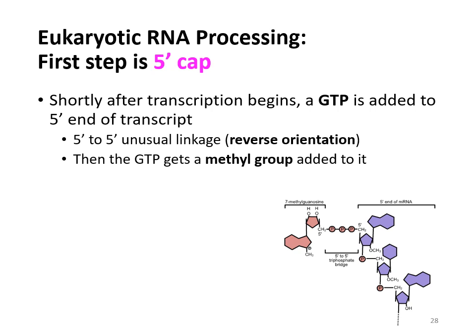This is important for stability. By putting this GTP, which you can see here, in an upside down orientation, it basically gives the appearance that the 5' end of this RNA is actually a 3' end.